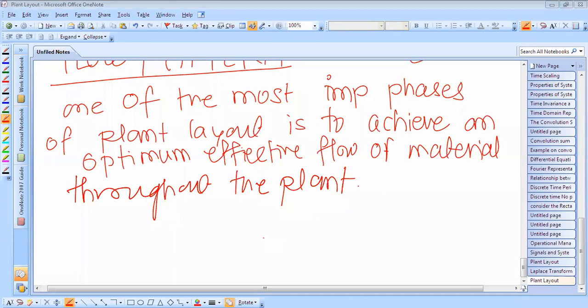Supervision and control becomes simpler if there is an optimum effective flow of material in the plant. Therefore, while designing a new plant layout, the flow pattern is decided earlier and then the plant is designed. As far as possible, a flow pattern should be simple in order to have easy supervision and control.